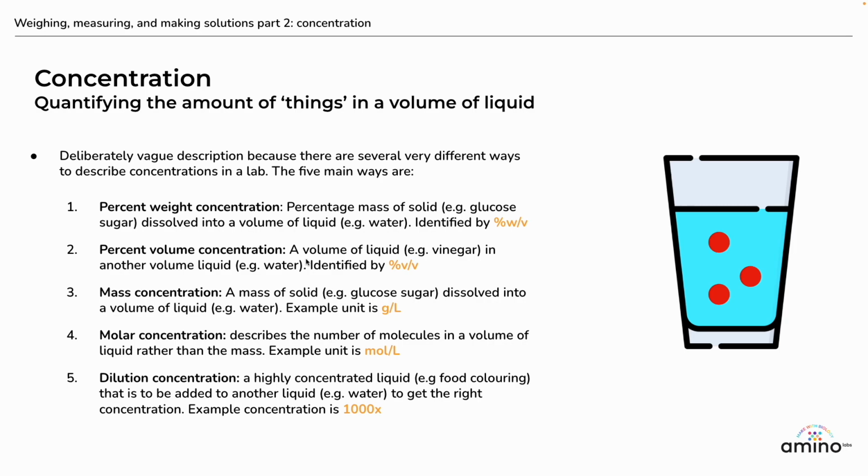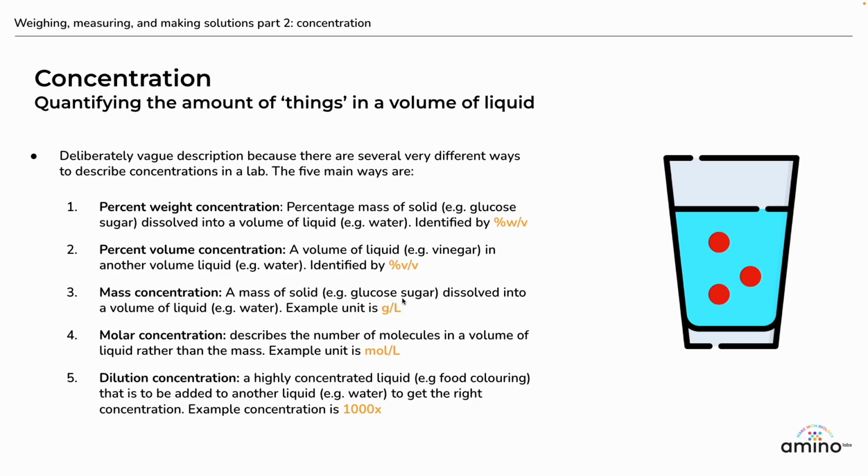The third is mass concentration, and this is where you have a mass of a solid, such as glucose, dissolved into a volume of liquid. And the difference between number 3 here and 1 is that we're not looking at percentages. We're looking at more absolute units here. So we have, for example, a mass in grams over a volume in liters.